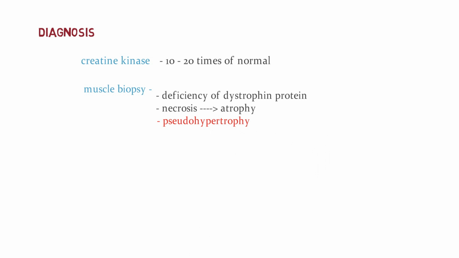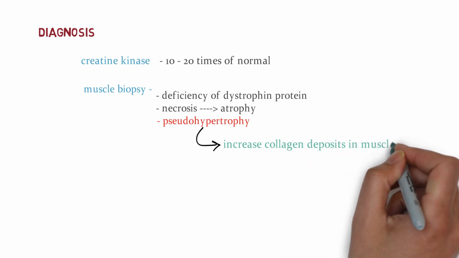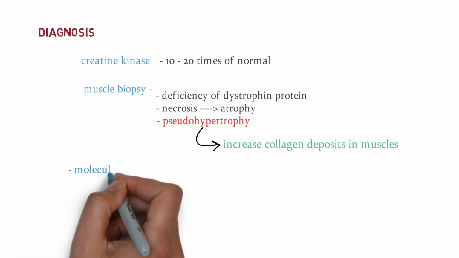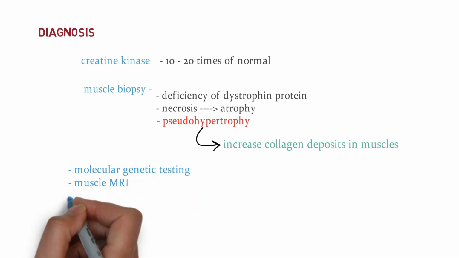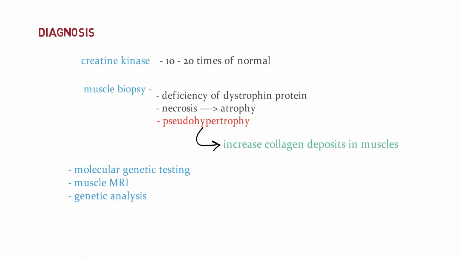What is pseudohypertrophy? It is the increased collagen deposits in the muscles. This is called pseudohypertrophy. We can also do molecular genetic testing, muscle MRI, yeah, genetic analysis. So these are some methods for the diagnosis.